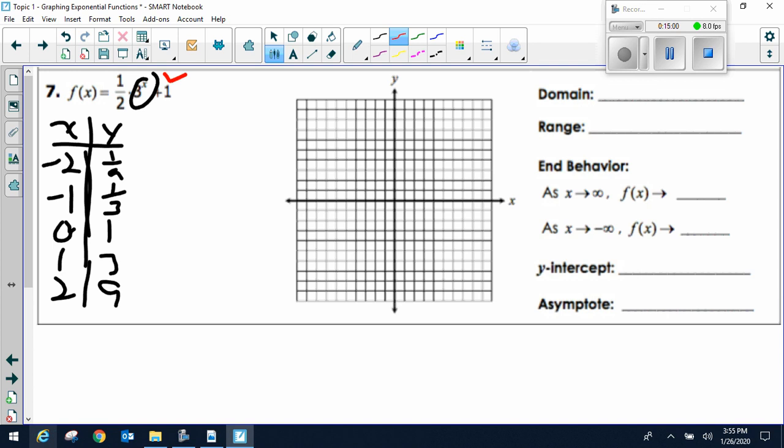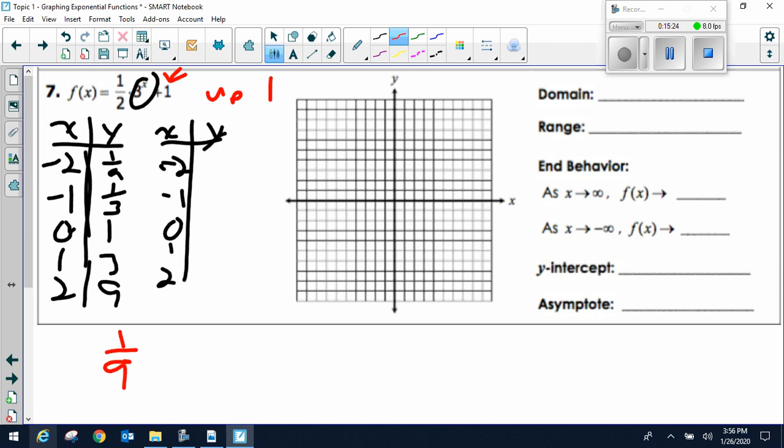Then this plus 1 says that everything's going to move up 1 unit. So that means you're going to add 1 to each one of the y values. So for -2, -1, 0, 1, and 2: 1/9 plus 1 would be 10 over 9 now.